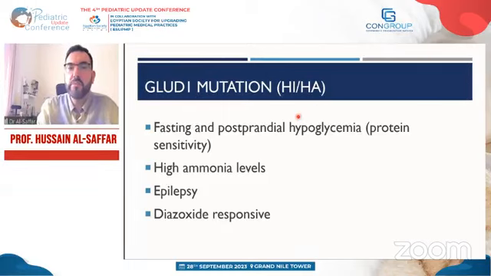So the patient will have very high ammonia levels and will have very interesting presenting features. Usually will have hypoglycemia postprandially or sometimes even with fasting, and are more sensitive to a diet containing high protein. They could have epilepsy, and interestingly, they are responsive to diazoxide.